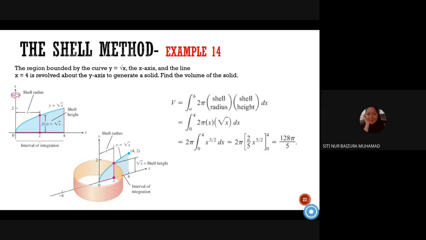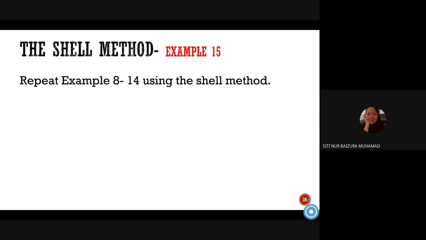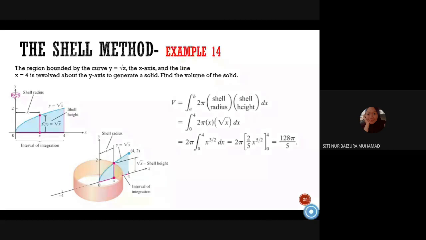This is example 14. We have the region bounded by the curve. Actually, if I'm not mistaken, we discussed example 14 using this method as well. I can't check. The region bounded by the curve y equals square root x, rotate about the x axis, and the line x equals 4. Sorry, not rotate about the x axis, I made a mistake.